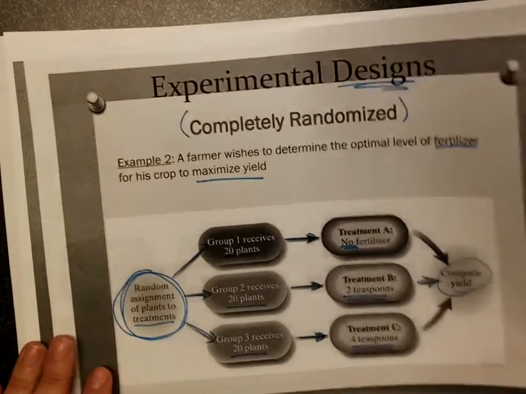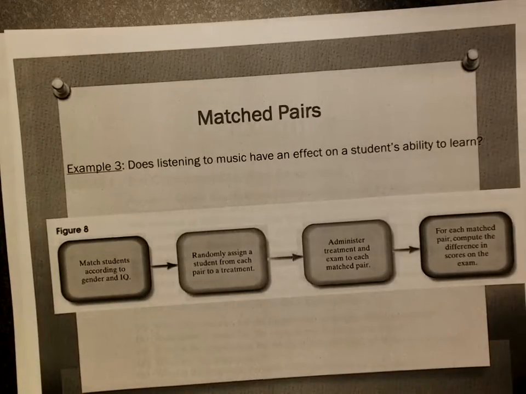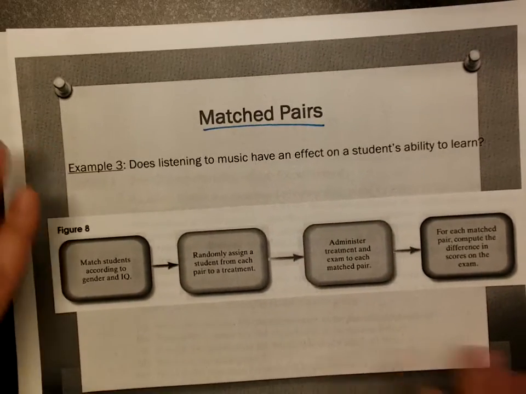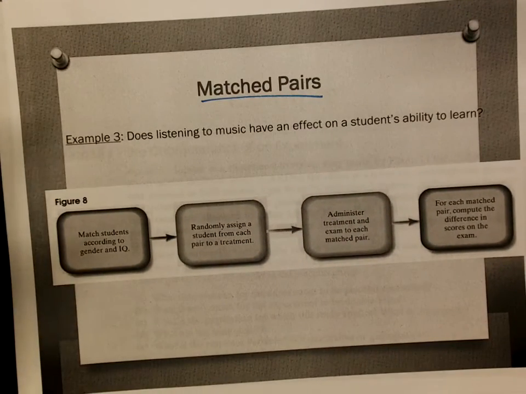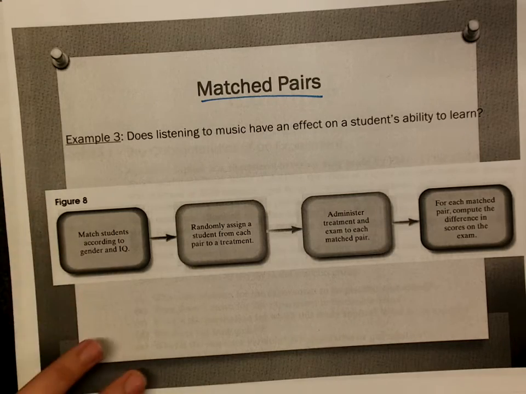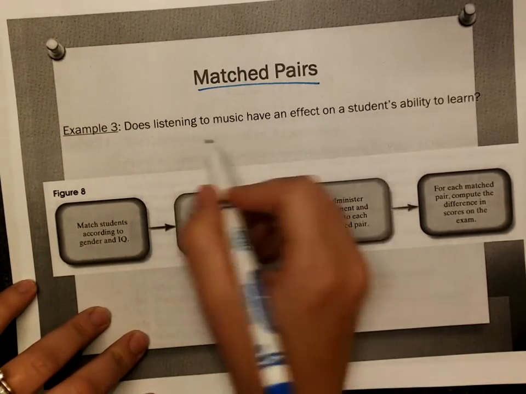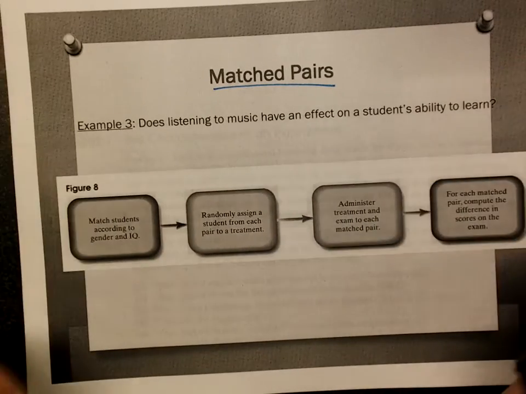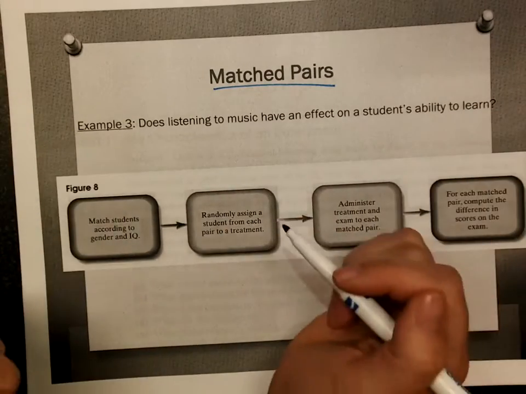The other common type is called a matched pairs test. This is important for human subjects. Also sometimes good for gardening and trying to grow crops. So in this example, does listening to music have an effect on a student's ability to learn? Some say music helps you learn, or maybe it detracts from your learning.